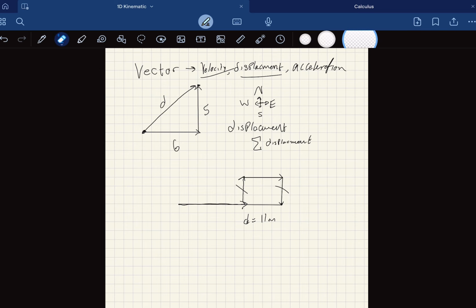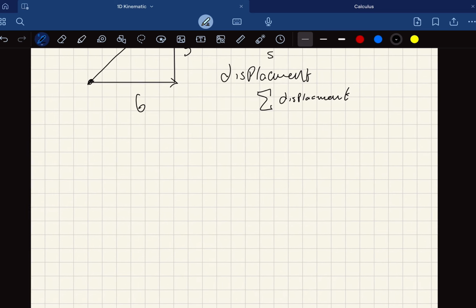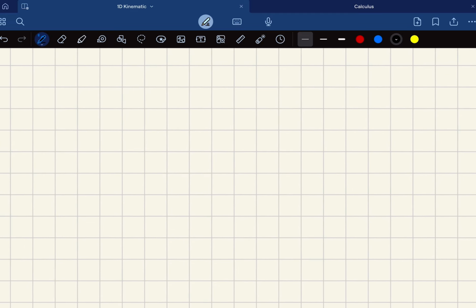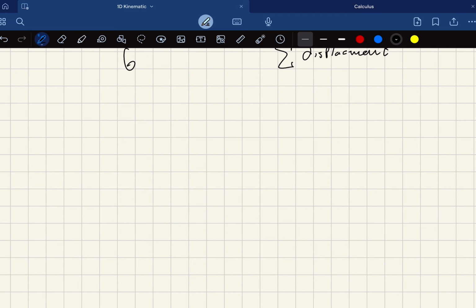So I will give another example. This one will be trig related. Let's say that your displacement is 9 meters.